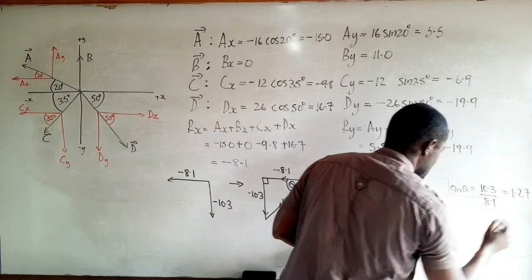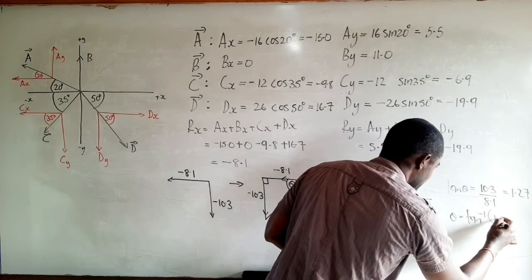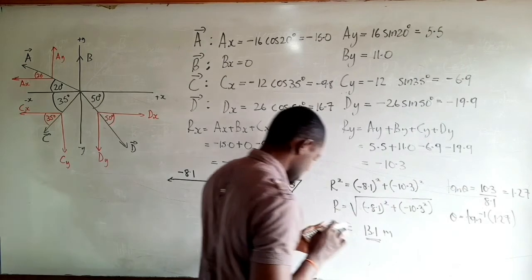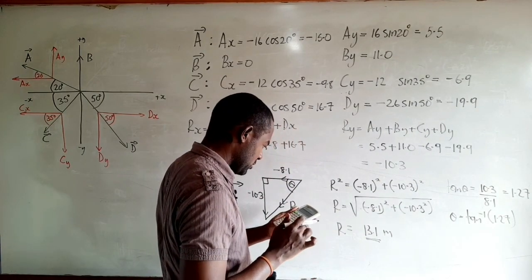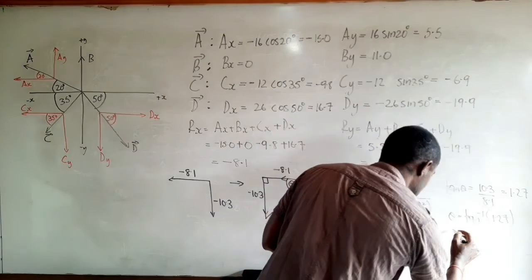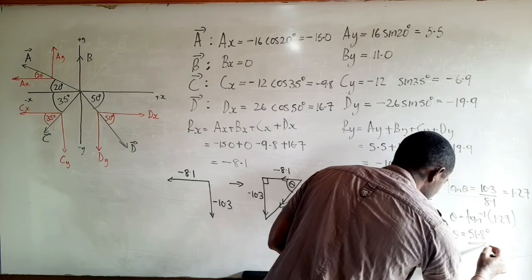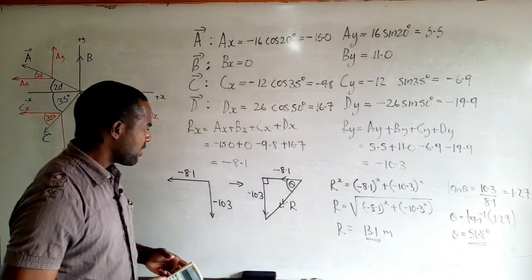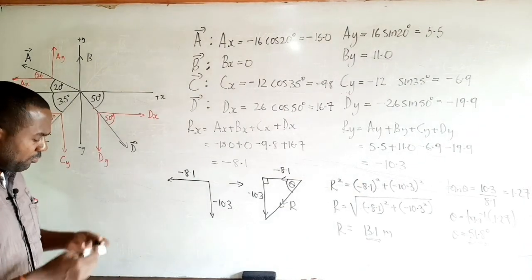So theta equals tan inverse of 1.27. So second function tan 1.27 equals 51.8. So theta equals 51.8 degrees. And this angle, of course, is below the negative x-axis. How do we know it's a negative x-axis?